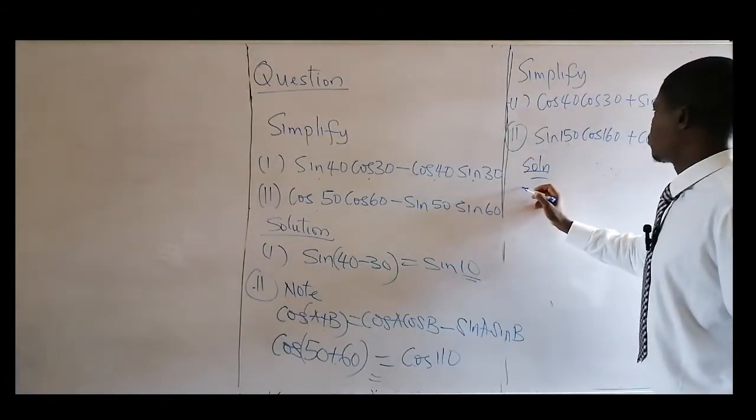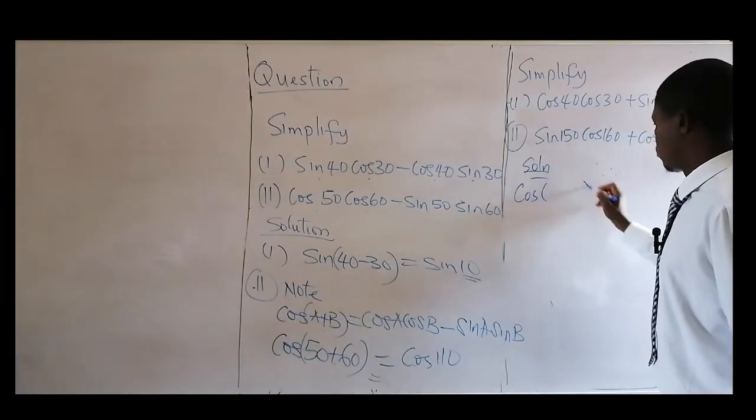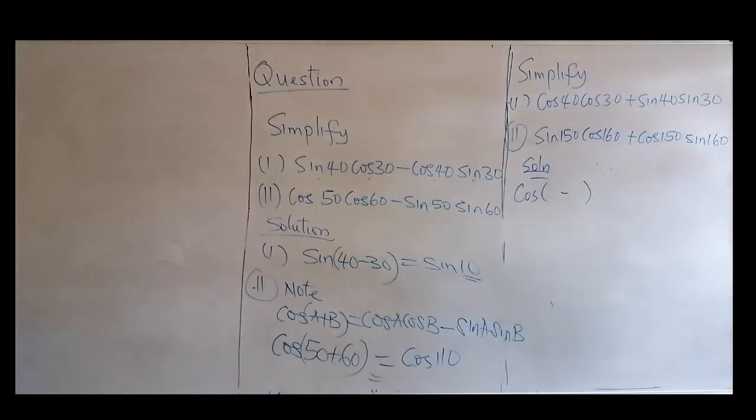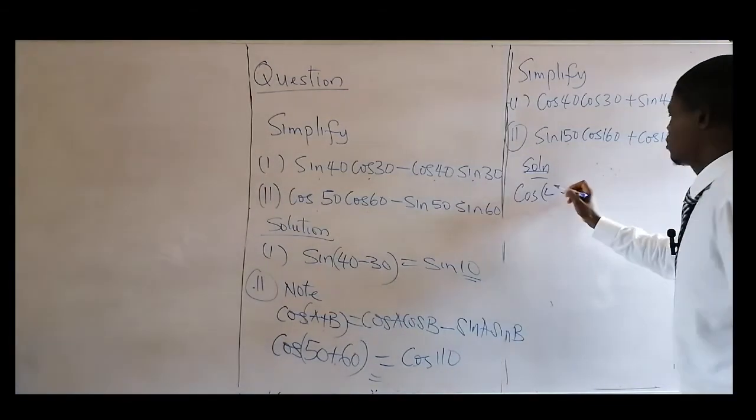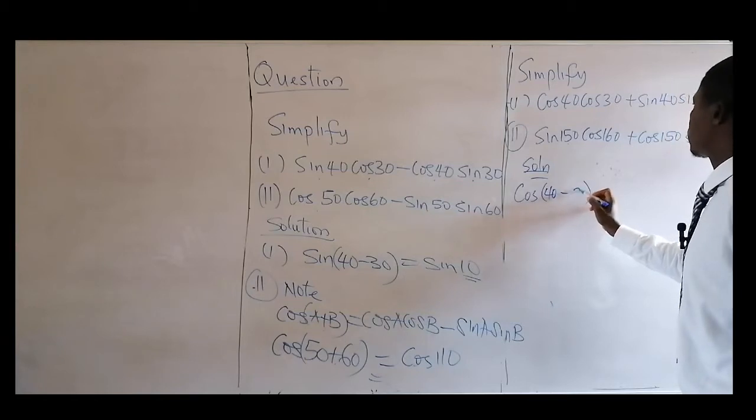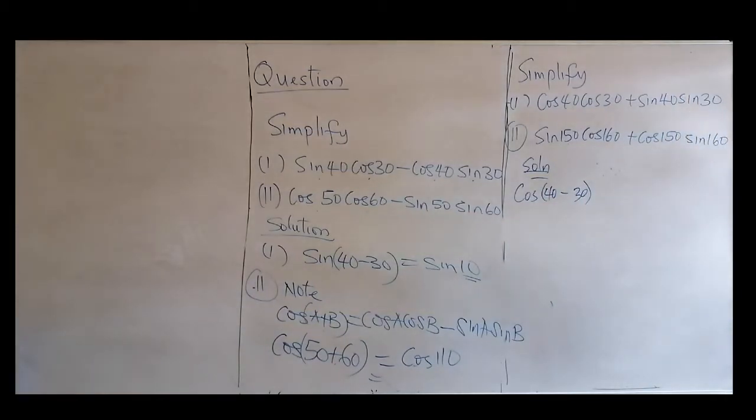That means your angle will be cos something minus. Whatever you have there will be opposite to that. Then you have 40 minus 30, and that's cos 10, the first one. The second one, you have sine cos sine. That's very simple.